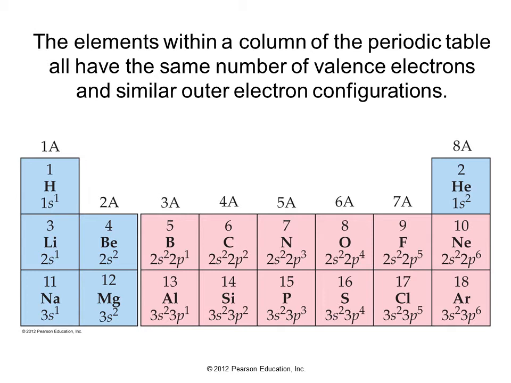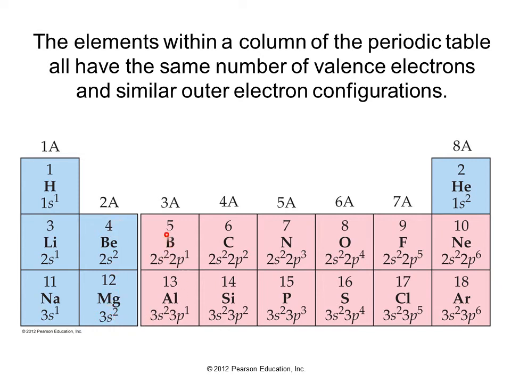The elements within a column of the periodic table all have the same number of valence electrons and similar outer electron configurations. Note in 1A they all have 1 electron in their outermost orbital. In 2A, they have 2: 2s2, 3s2.